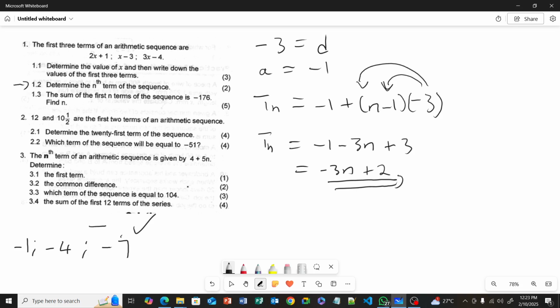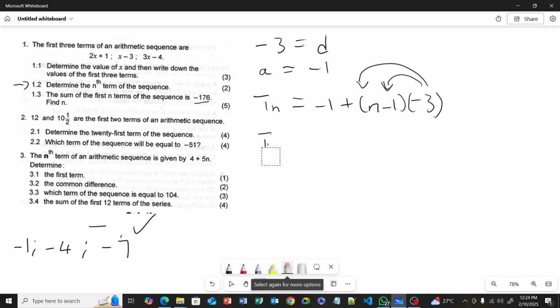Okay, now question 1.3. The sum of the first n terms of the sequence is minus 176. Find n. What a nice question. Find n.